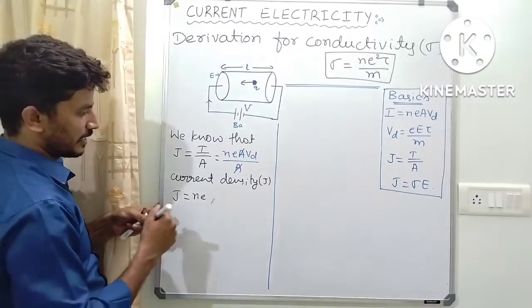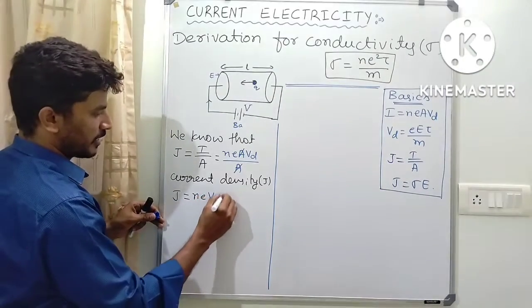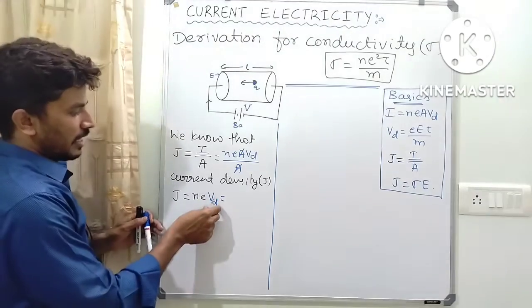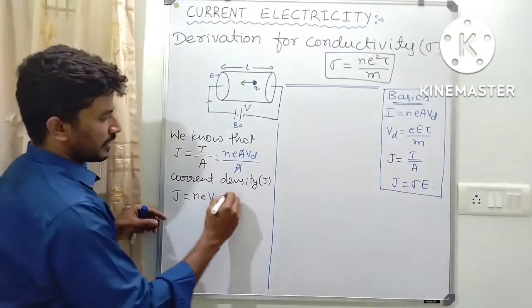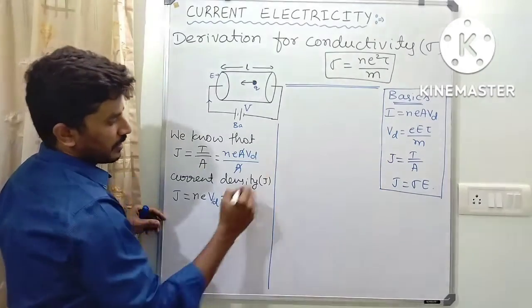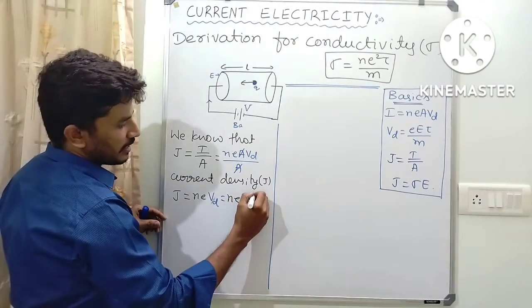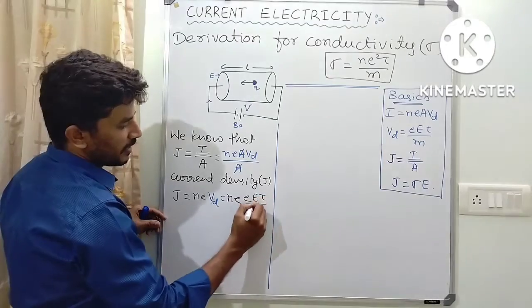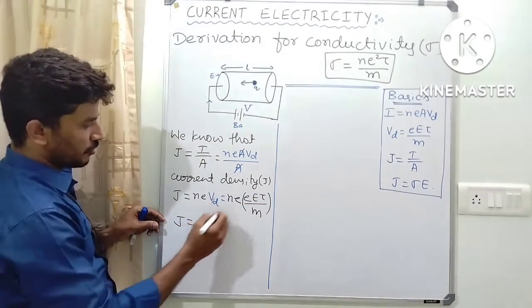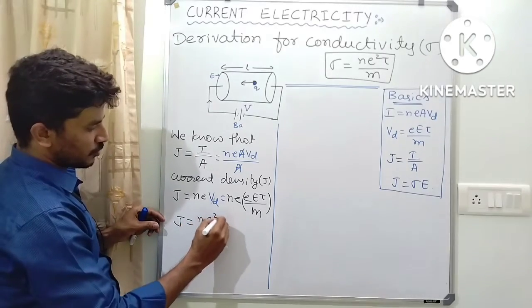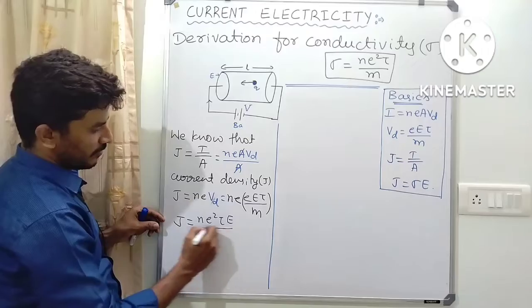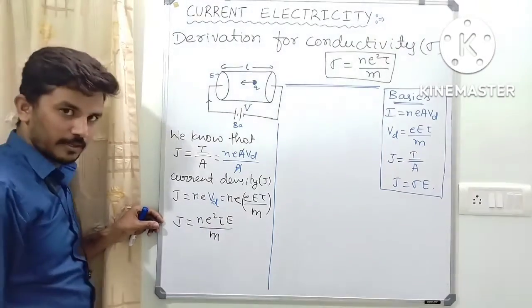Let me write it in blue pen because I am going to substitute the value of Vd here. Vd is E tau divided by m. So J is equal to N e squared tau into E divided by m. Yes or no?